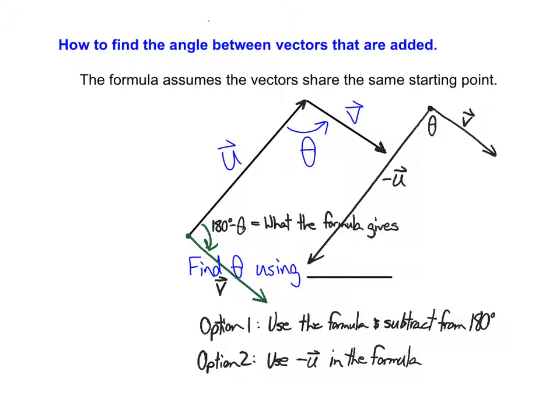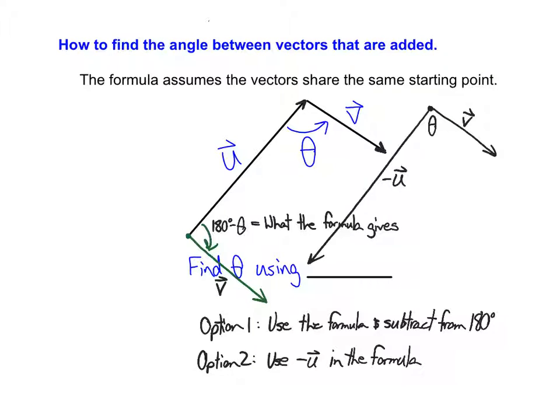What's the formula? The formula we just did: cosine theta equals the dot product over the product of the magnitudes. So you have two options there. It's up to you. Is it always going to be negative u? No. It's going to be the opposite of whichever one came first in the addition.